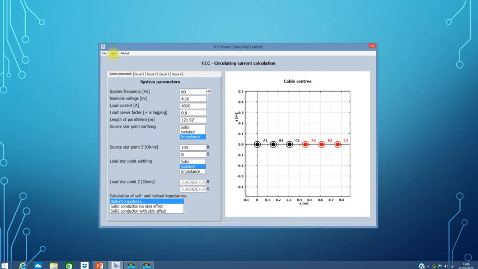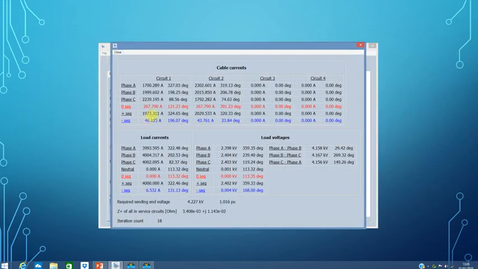But if we now run the analysis, we see that the zero sequence circulating current between the cables is unchanged, and the zero sequence circulating current exceeds the maximum value of the zero sequence fault current which we would expect on the system.